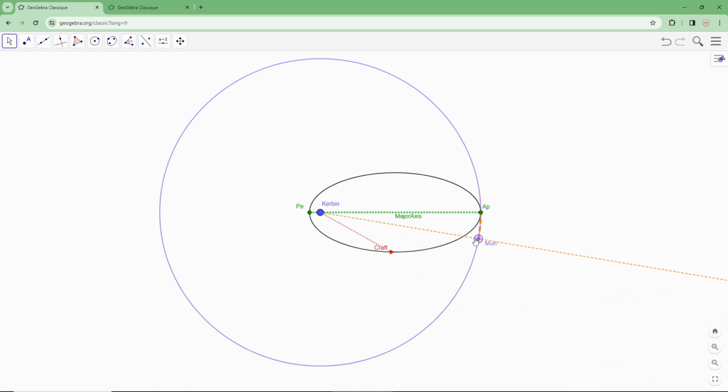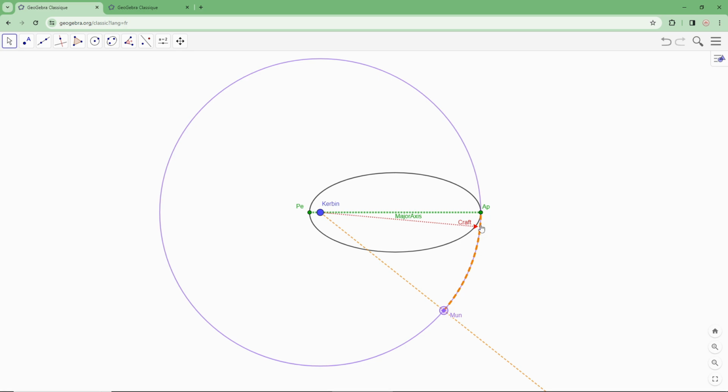So if my burn is not at the right moment, my craft will miss the Moon. And if I burn too soon, it will be the opposite. My craft will reach its apoapsis before the Moon reaches the same point.